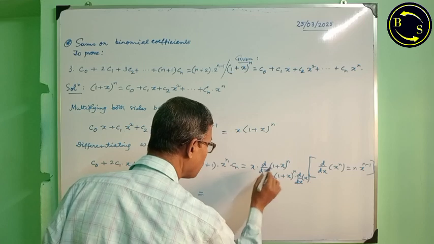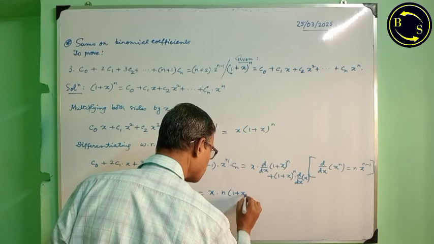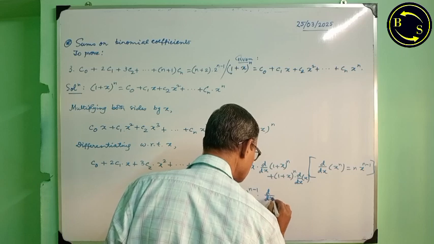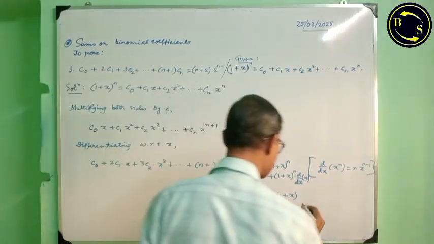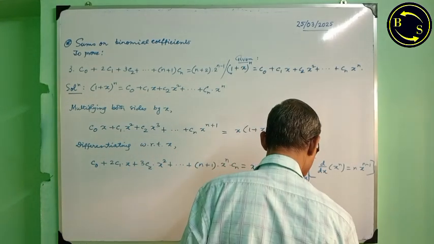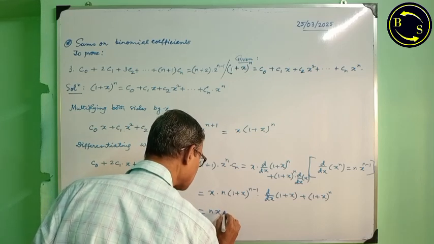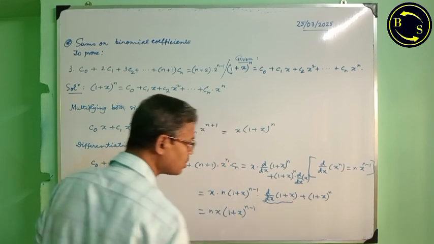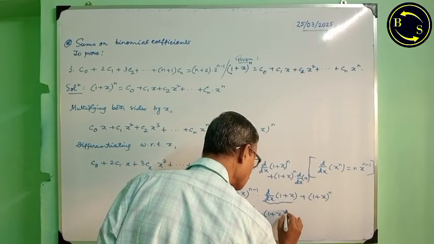Then we simplify, it will be x into n (1 plus x) whole to the power n minus 1 into the derivative of 1 plus x, which is finally 1 plus derivative of x with respect to x is 1, and thus plus (1 plus x) whole to the power n.